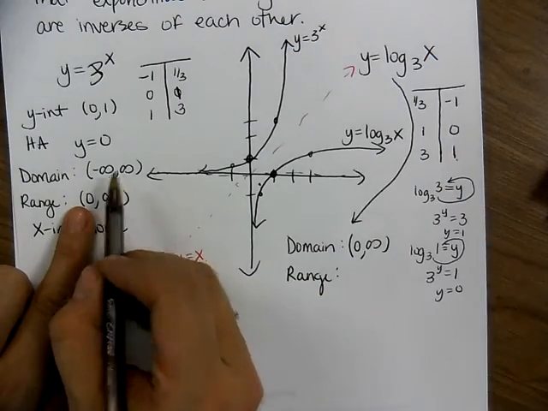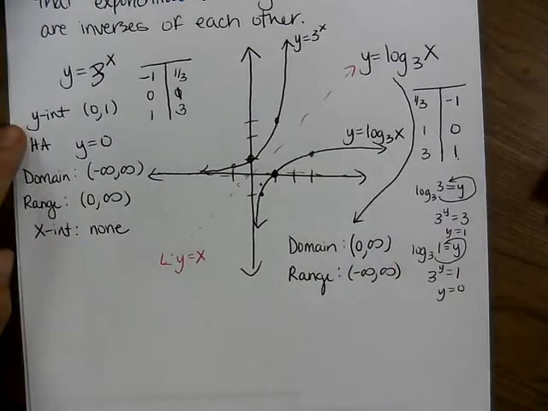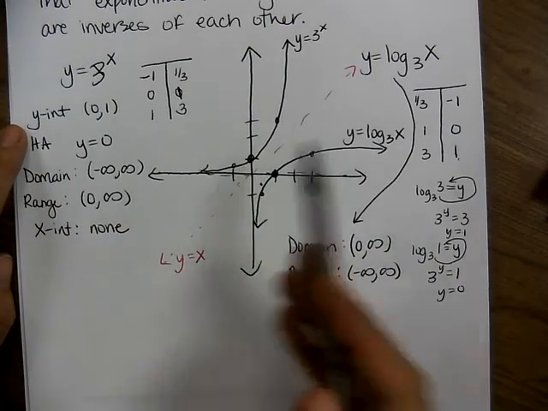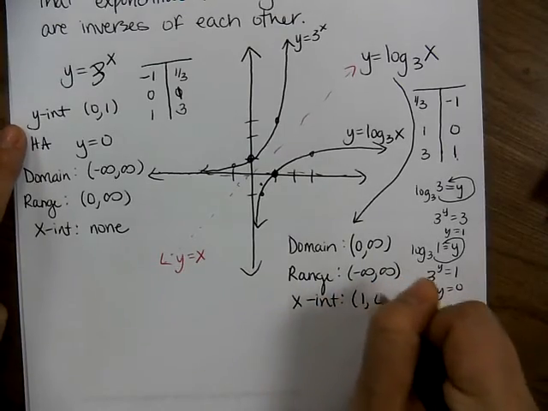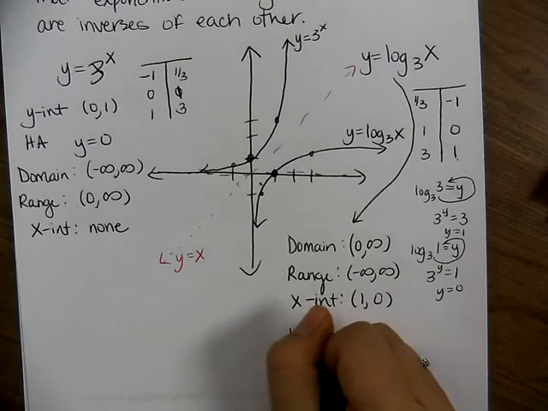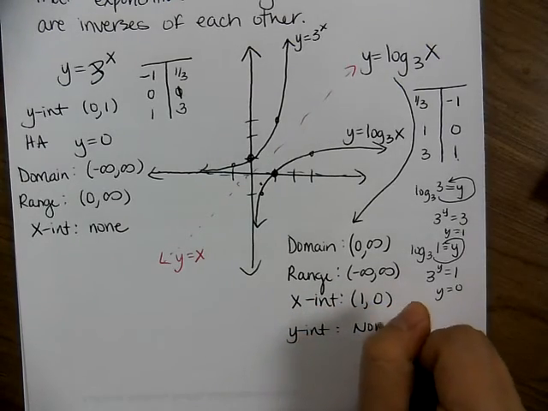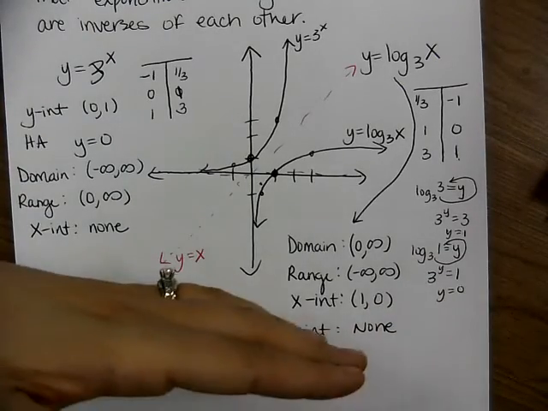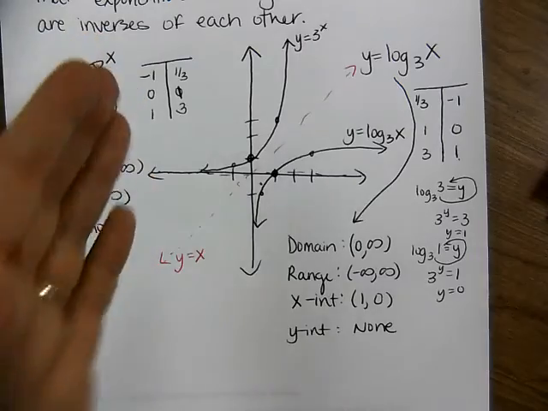Which is coming from this domain. We also see that we went from a y-intercept of (0, 1) to now an x-intercept of (1, 0). Why doesn't this have a y-intercept? Because now that horizontal asymptote at y equals 0 just became a vertical asymptote at x equals 0.